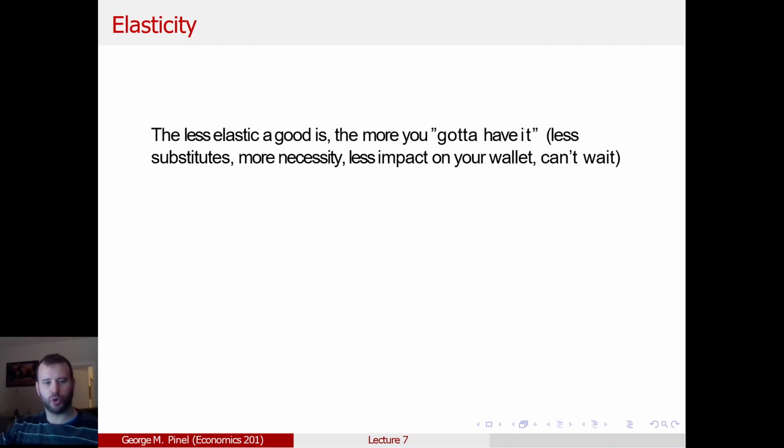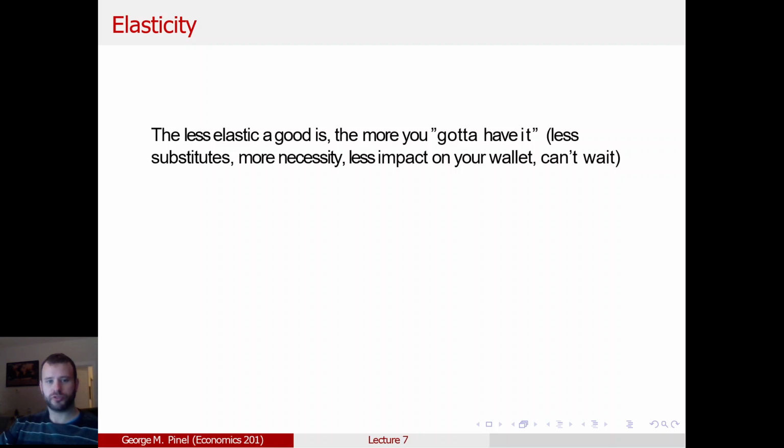Even if there were only 2 types of soda, Coca-Cola and Pepsi, and both raised their price, you might just not consume soda at all because you don't need it. If there's 2 insulin providers and both of them raised their price, you're going to end up buying one of the insulins because you need it, right? So you're going to be less price sensitive to a particular good the more you need it. You don't really have an option to decrease your consumption of insulin because it's a medical necessity.